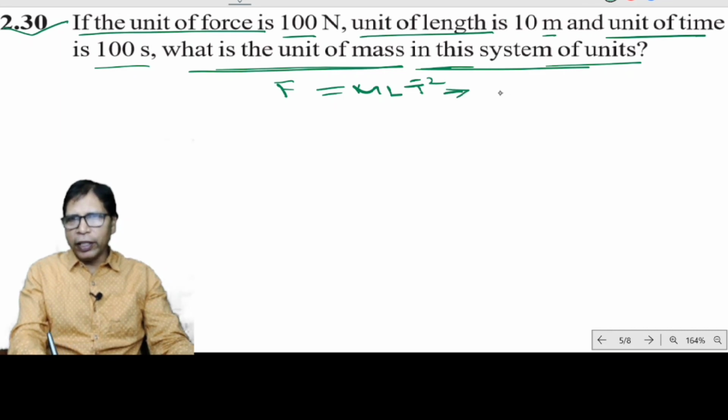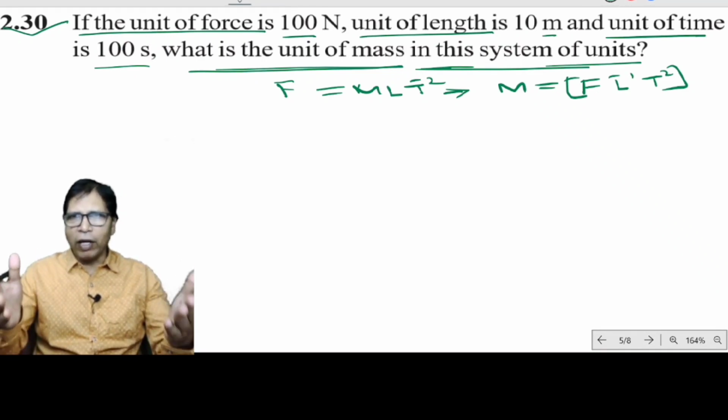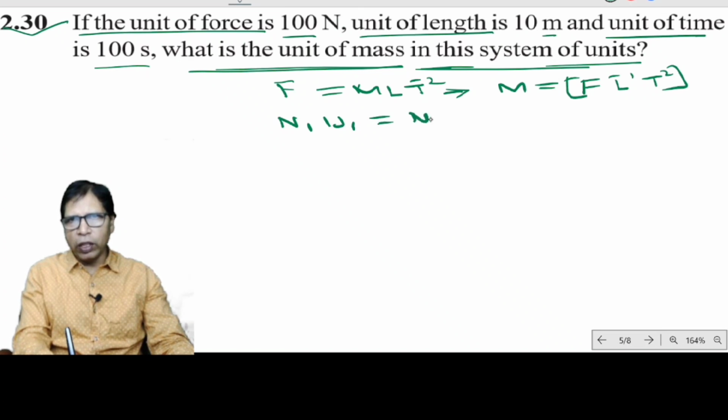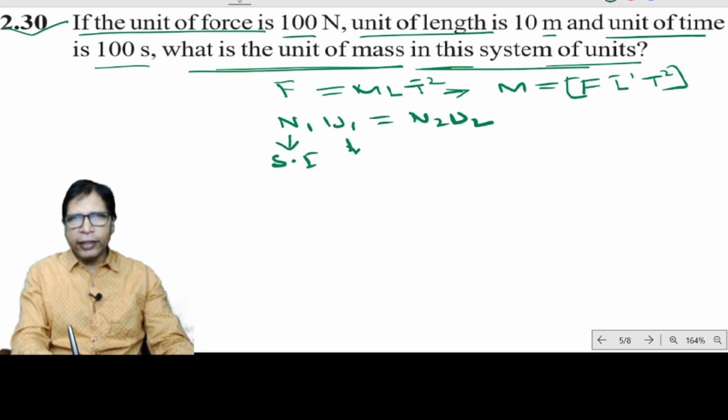From this relation, we can calculate M equals F L to the power minus 1 T squared, the dimension of mass in terms of force, length and time as fundamental quantities. The value of a physical quantity always remains the same, that is N1 U1 equals N2 U2. Here N1 is the SI value and U1 the SI unit; N2 is the value in the new system and U2 the unit in the new system.